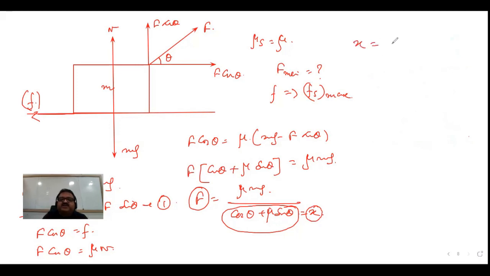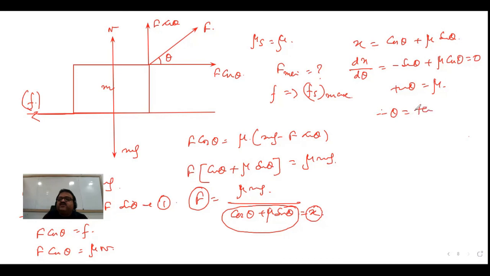Either it is a case of maxima or minima, the first derivative is always equal to 0. So if I differentiate it, dx by d theta is equal to minus sin theta plus mu cos theta, which is equal to 0. So tan theta is equal to mu, or theta is equal to tan inverse of mu.